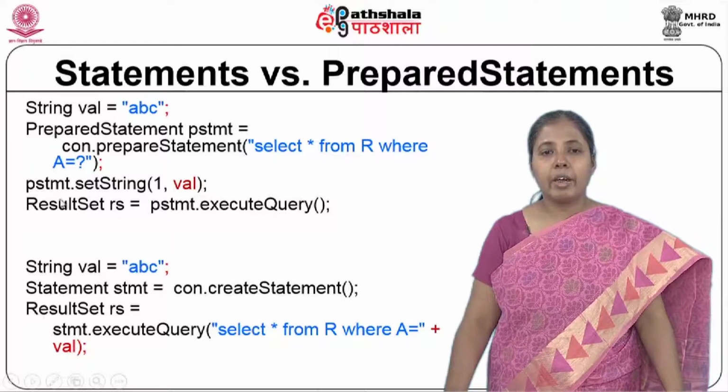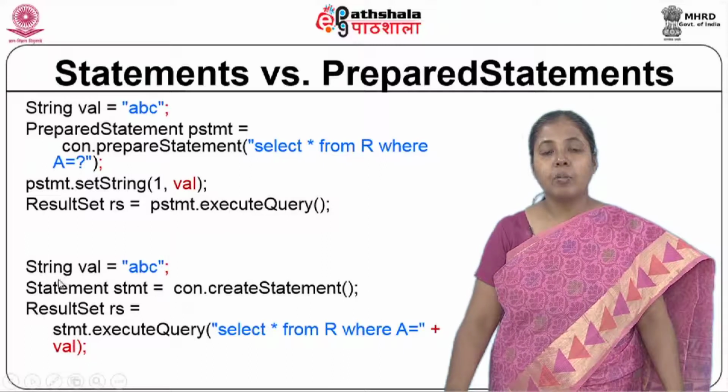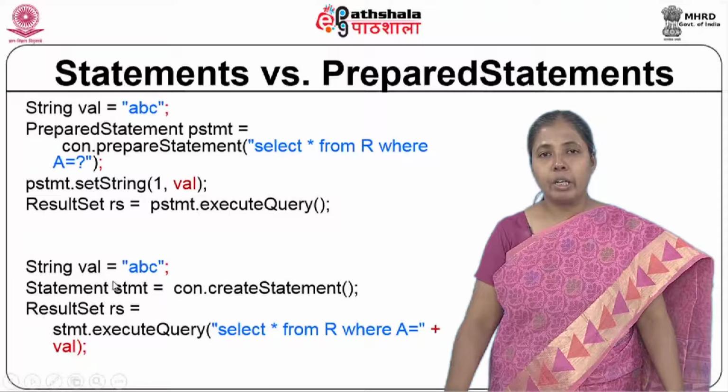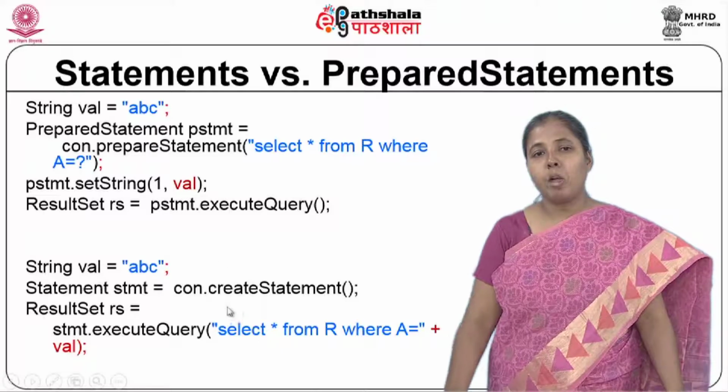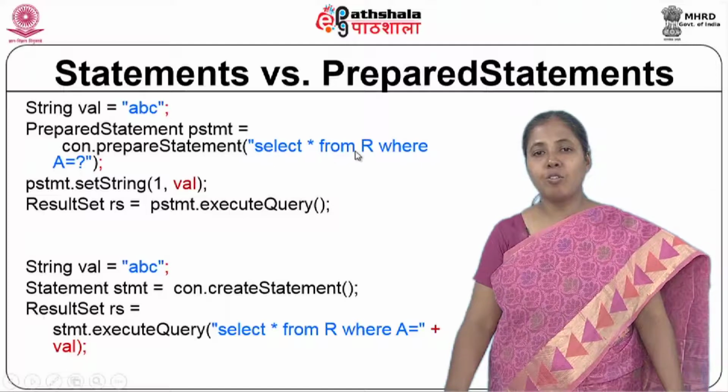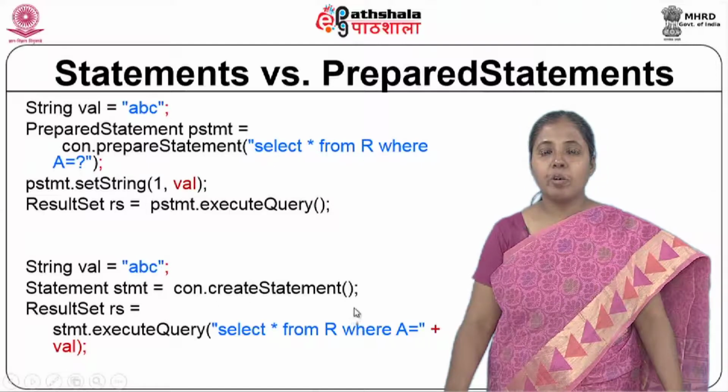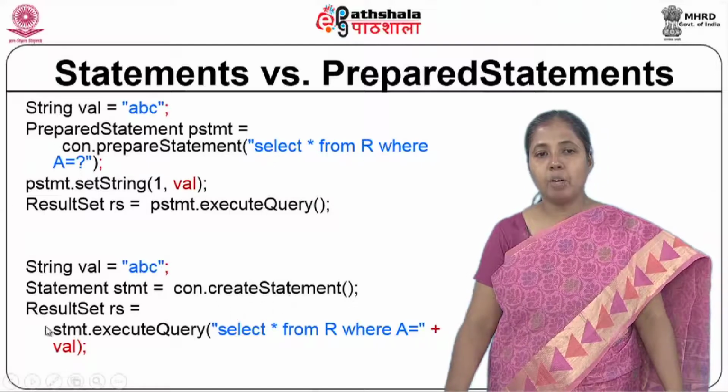If you see in the create statement, the same way you get the string value, and then create statement is empty, which says that you create a statement object. But here prepare statement is getting a query string, whereas create statement does not get anything. So, you create a statement.